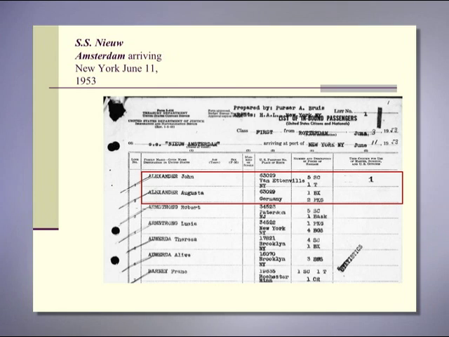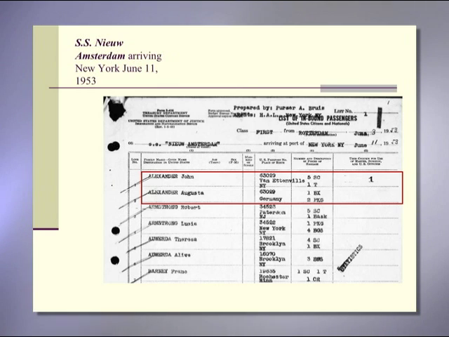Moving on. Now we have the passenger manifest of the SS New Amsterdam, which arrived into New York on June 11th, 1953. Because this is one of the later manifests, you'll notice that it does not give as much information about the individuals as the earlier manifests do. On this manifest, you have John and Augusta Alexander. John was born in New York.